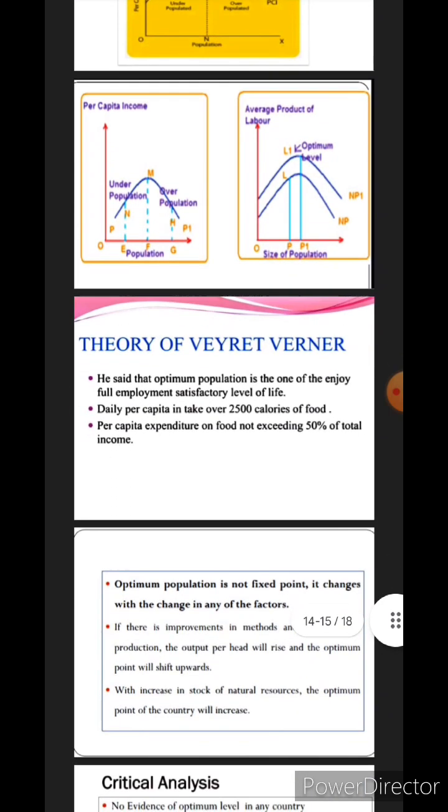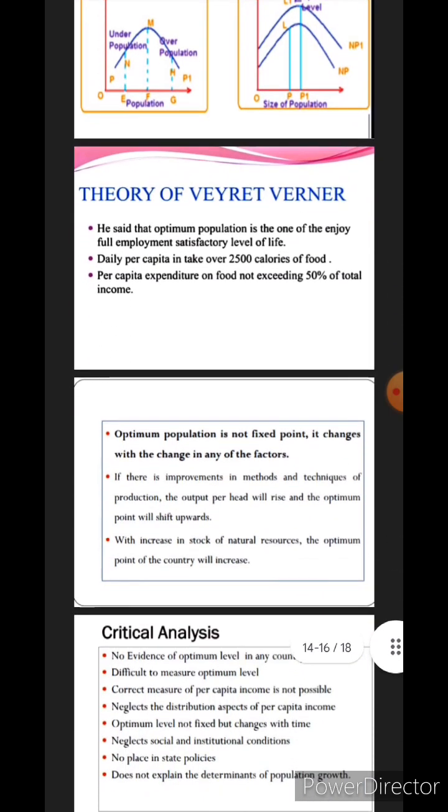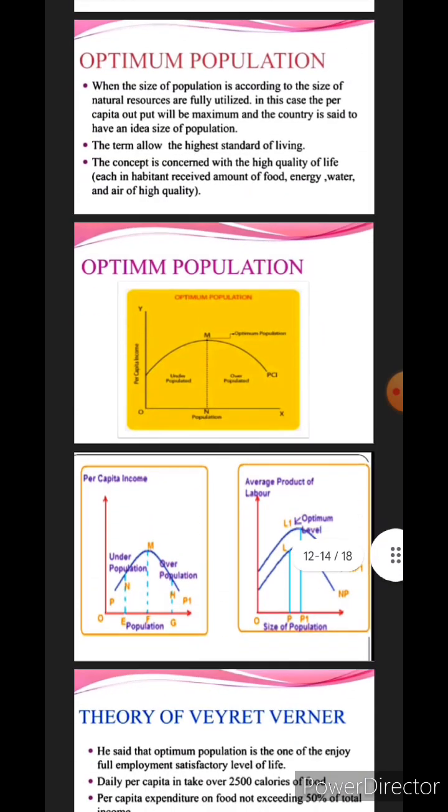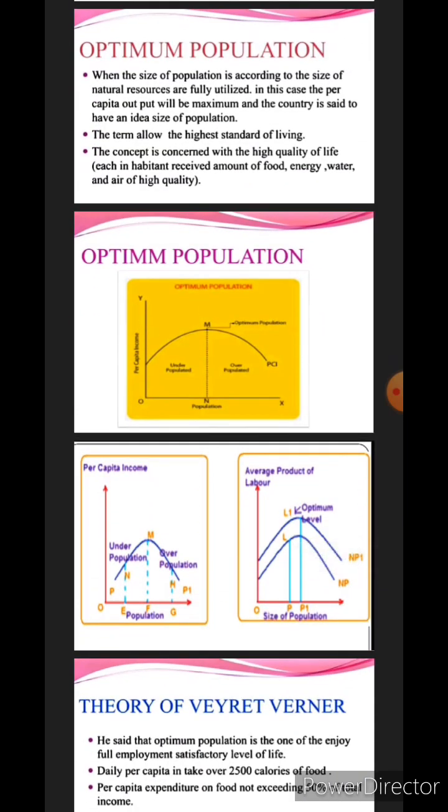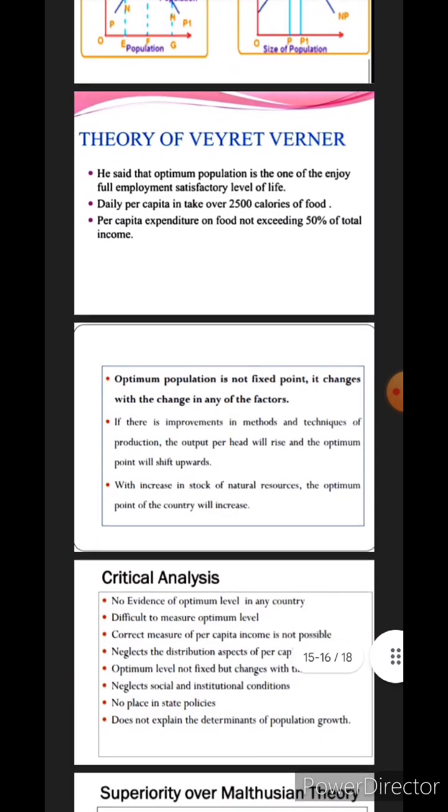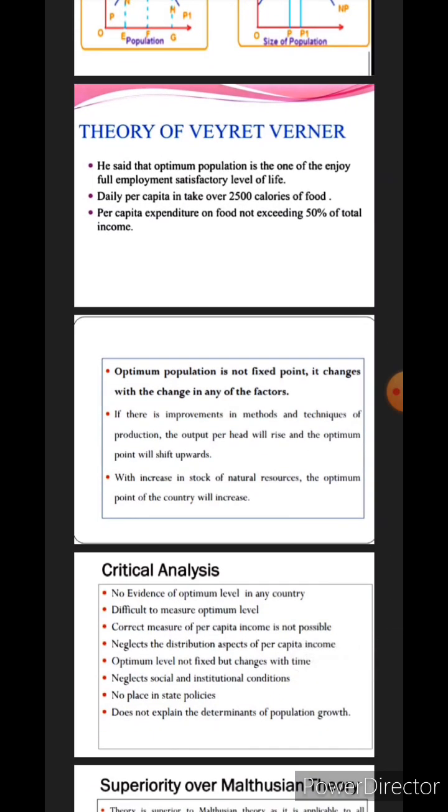And now, the optimum population is not a fixed point. In this diagram M is the optimum population point, but it is not fixed. It changes with changes in any of the factors.